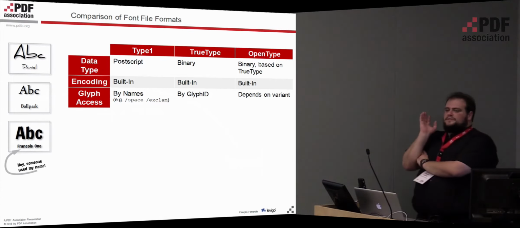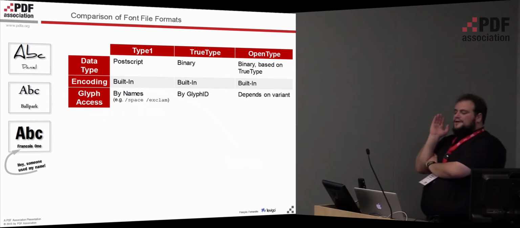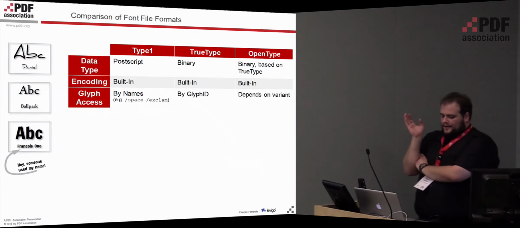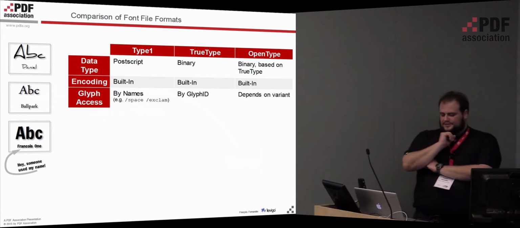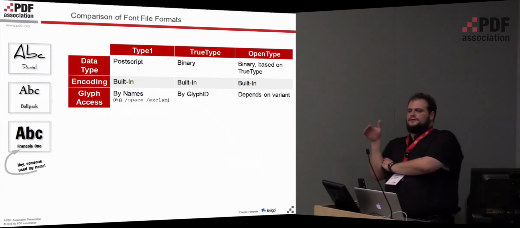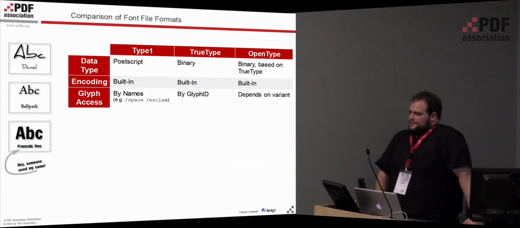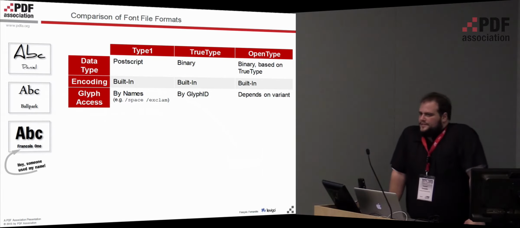TrueType's data type is basically completely binary. OpenType, as it is based on TrueType, is binary. And glyph access is pretty interesting. As I said, we can include CFF fonts in an OpenType font. It depends on which variant of OpenType we're actually using. So OpenType is pretty powerful, but not the easiest font format to understand.